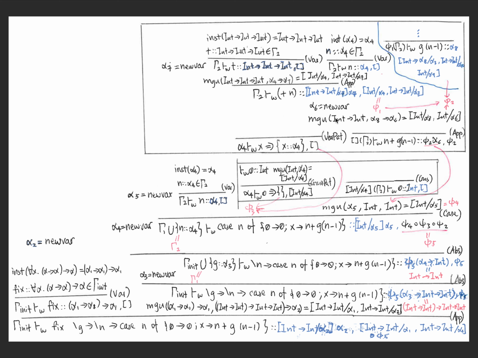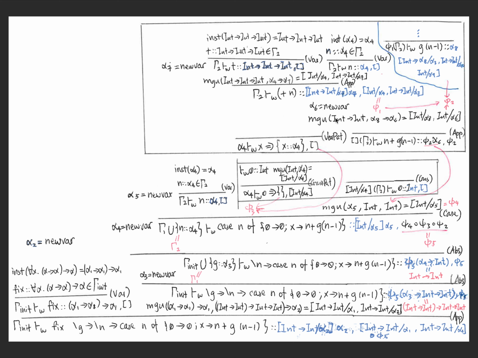So under psi 1 applied to gamma 2, we would find that n actually has type integer. Initially it was some other alpha 4, but because psi 1 has a substitution for alpha 4 to int, this will give us int. So n will have type int with the empty type substitution.